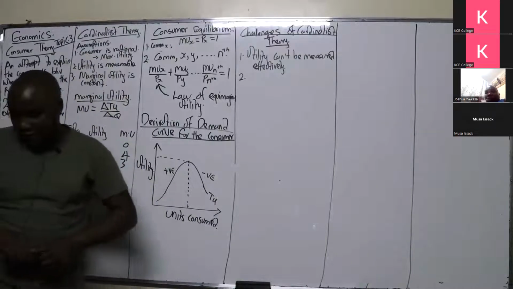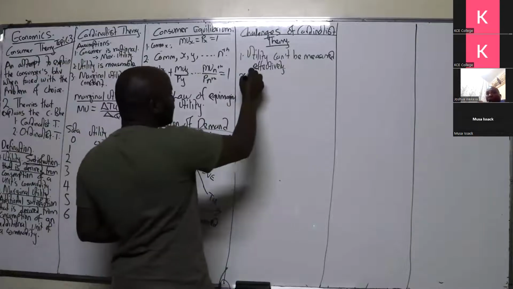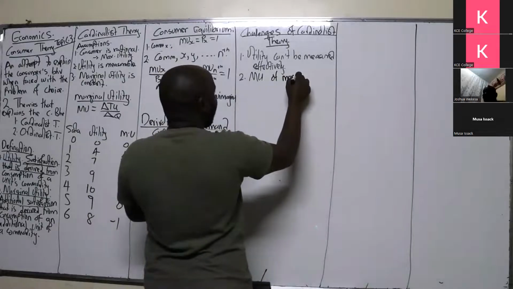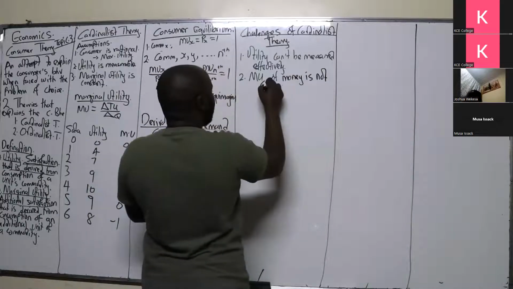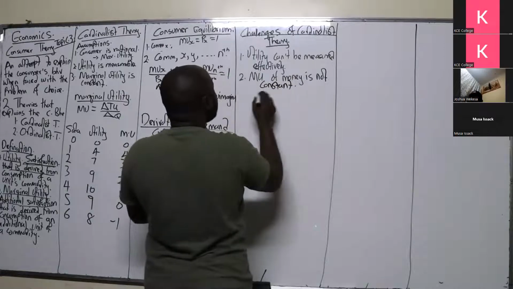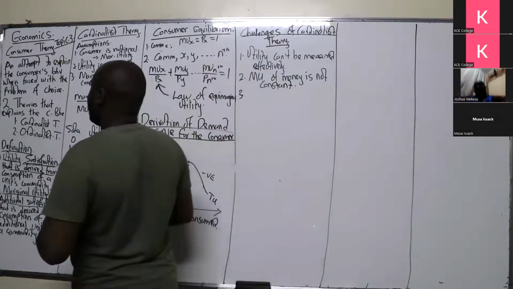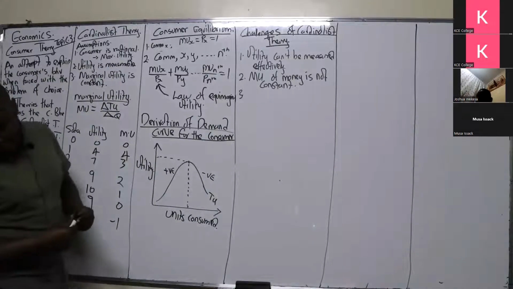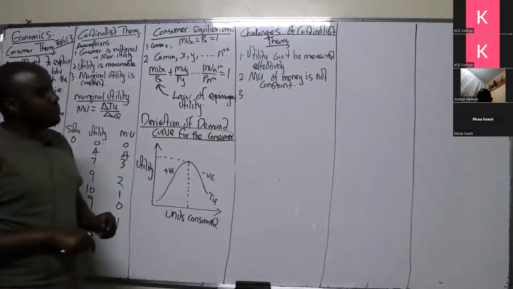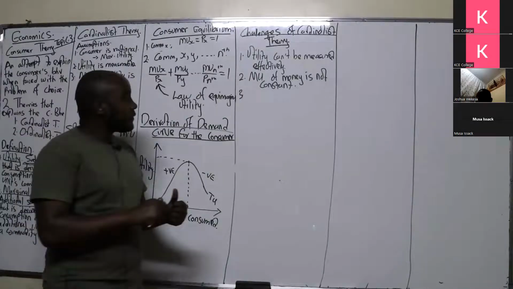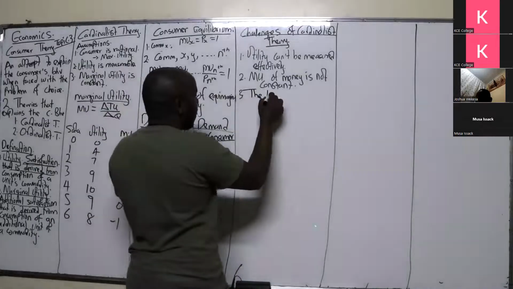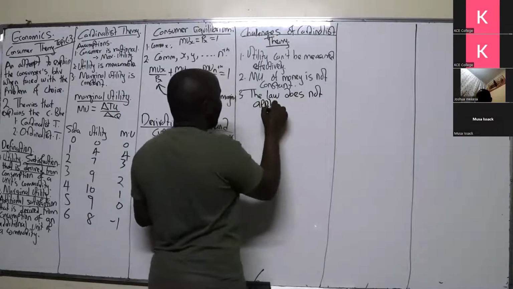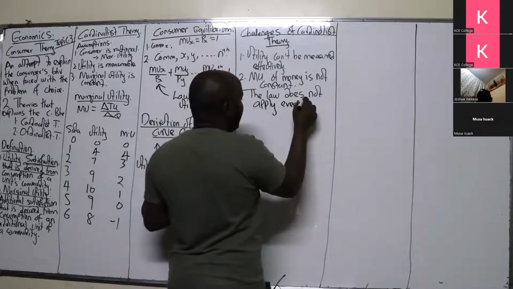Number two is that the marginal utility of money is not constant. It can't be constant because you have different satisfaction in regard to the money. Number three, the rule does not apply everywhere.